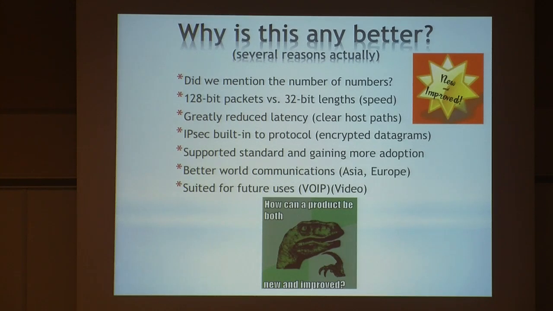America is right now the slowest adopter of IPv6 because we don't have to do it right this second. But we need to start moving on to it. We need to start advancing. Again, I touched on suitability for future uses, VoIP and video. It's ideally suited for pushing high amounts of data, high definition data, over the wire and over the internet.